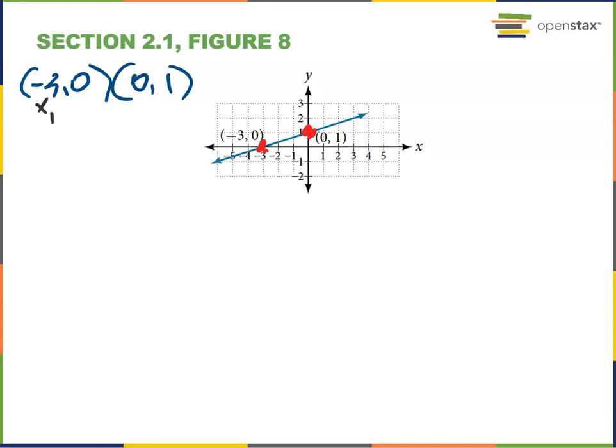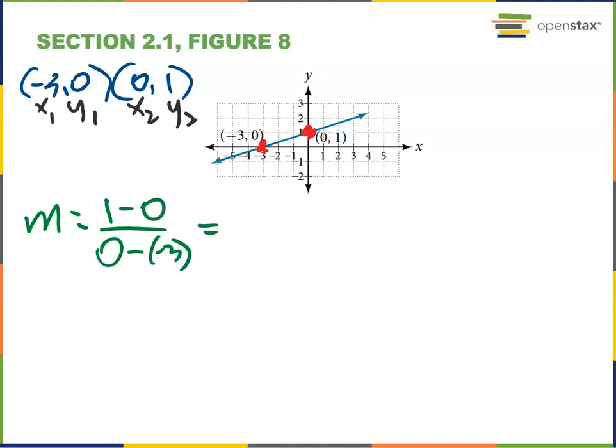So this is your x1, y1, x2, y2. So the slope, remember y2 minus y1, so 1 minus 0 over x2 minus x1, 0 minus -3. 1 minus 0 is 1, 0 minus -3 is +3. So the slope is 1/3.